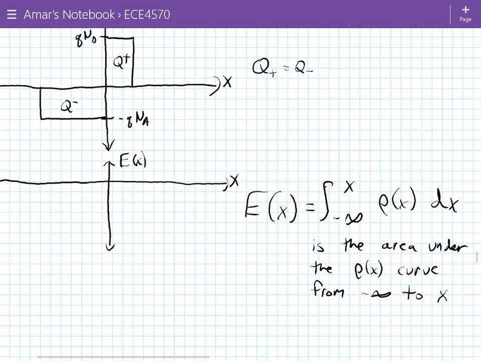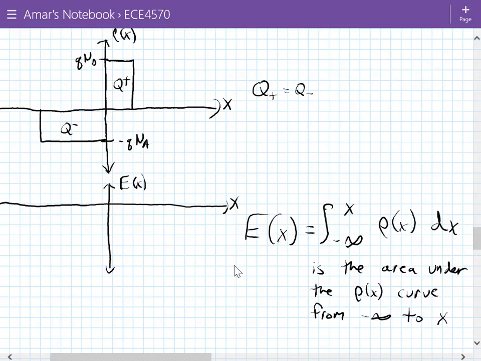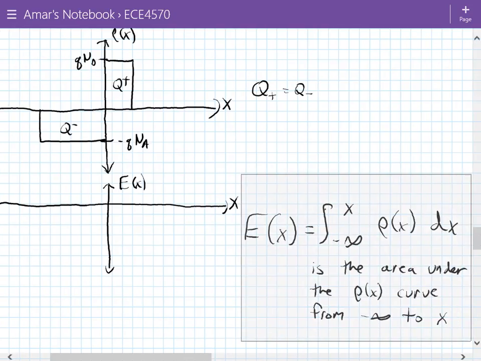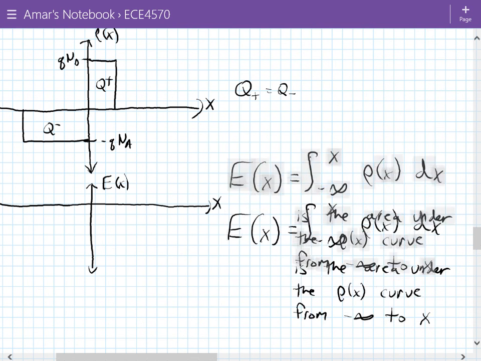So we have a more qualitative, intuitive definition of this.